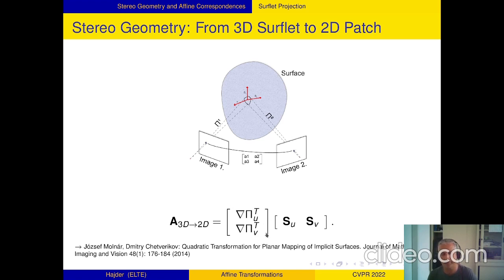And here the gradient of the projective functions should be involved in the equations. The gradient means that there is a projective function Pu for the first coordinate, the u coordinates, and there is another projective function for the v coordinates. And the gradient means that the derivatives of the function with respect to the spatial coordinates x, y, z should be computed. So these gradients are three-dimensional vectors.